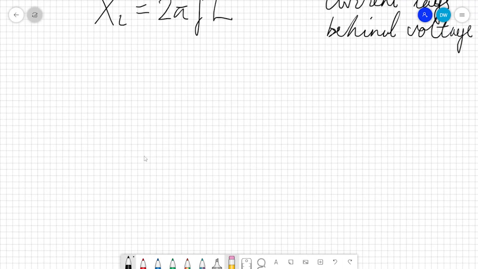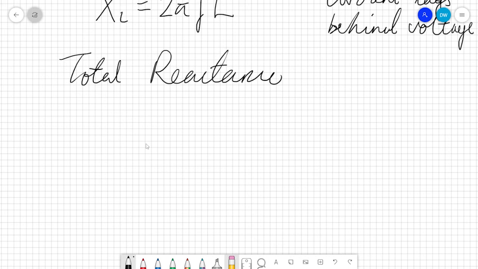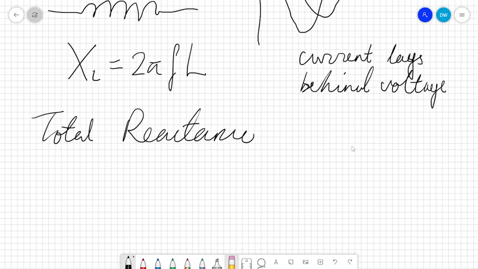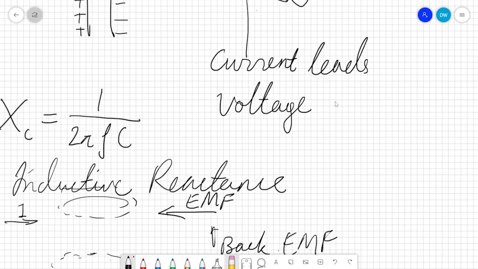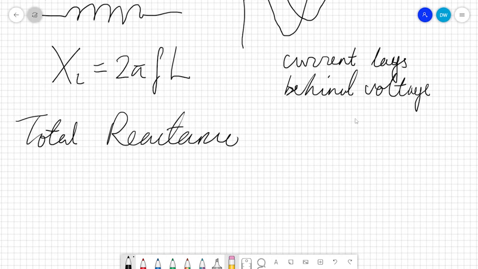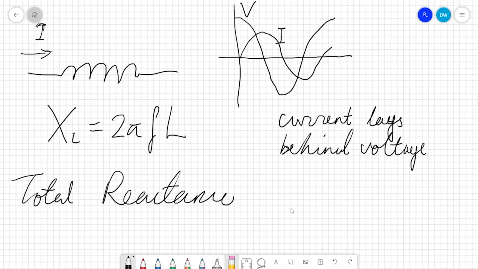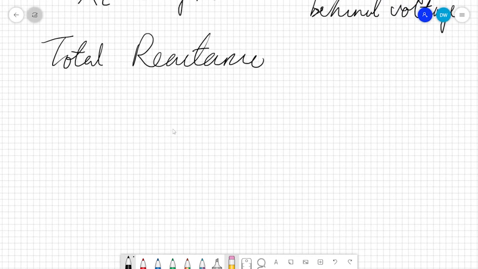Now, the total reactance of the system, as I mentioned earlier, because the current leads the voltage by 90 degrees in capacitors, while it lags behind voltage by 90 degrees in inductors, you end up with a situation where the two reactances are actually 180 degrees out of phase, which makes them act in opposition to each other.